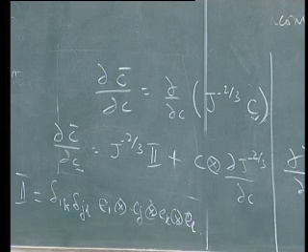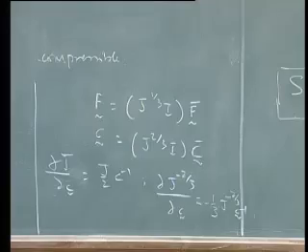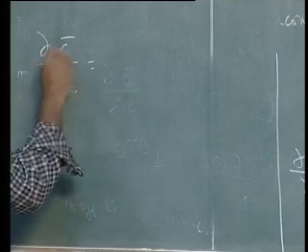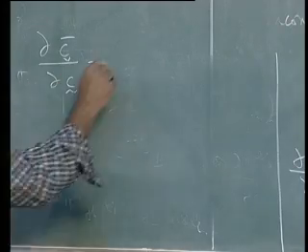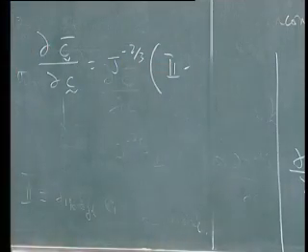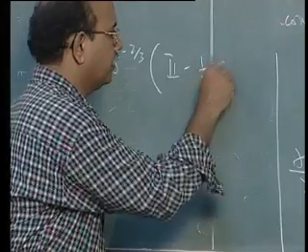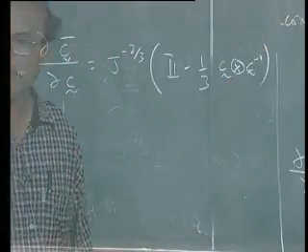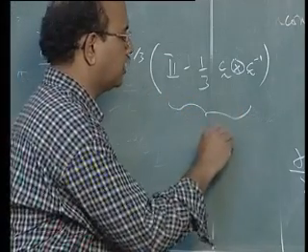Ultimately, you can write dou C bar by dou C to be J power minus 2 by 3 times fourth order I minus 1 by 3 C dyadic C inverse, where people identify this as the transpose of what is called a projection tensor.